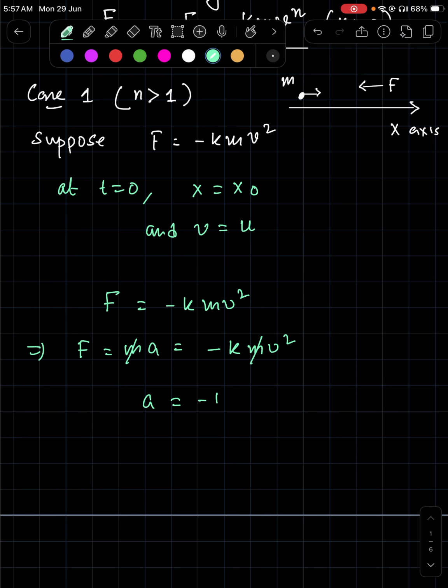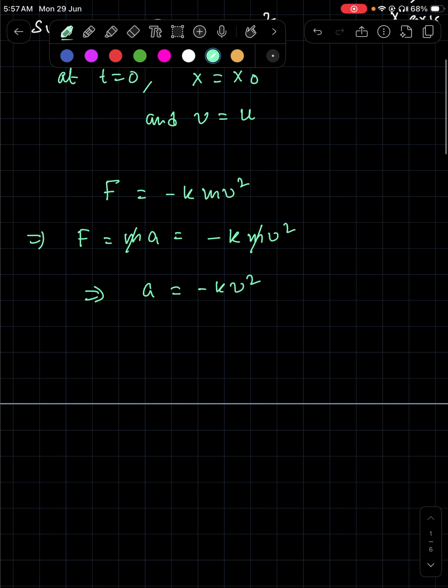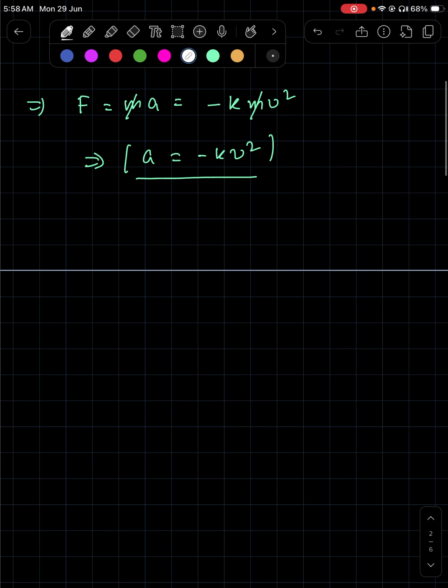So a equal to minus k v squared. There are two ways to move forward. One is to directly find the distance from this equation. That is a shortcut if it is asked. Another is a two-step process. First I am going to show the two-step process.